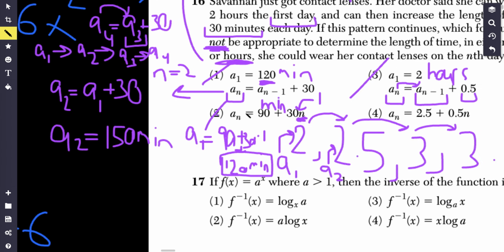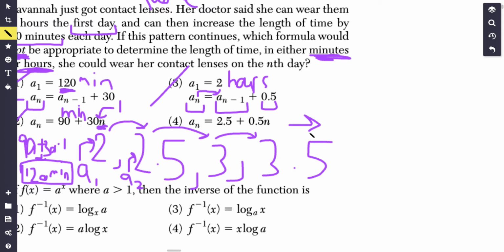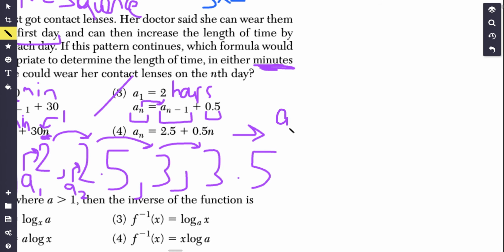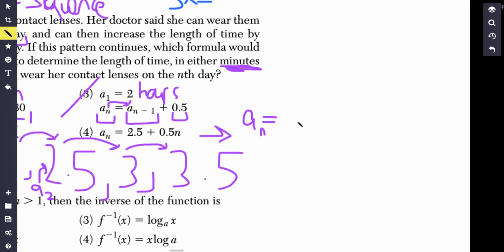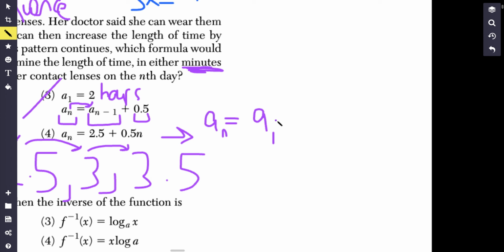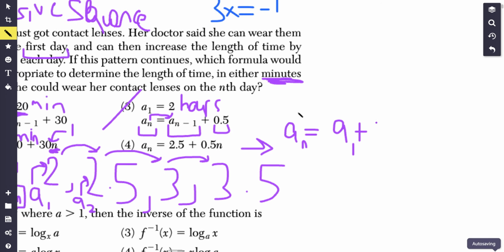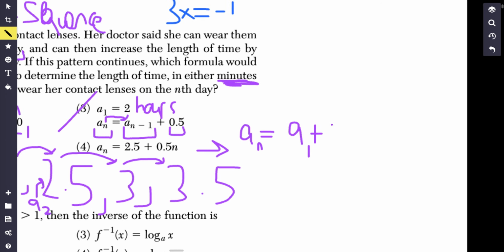But our 2 equations down here are written in the form a sub n is equal to the first term plus the common difference, represented by d, times n minus 1.